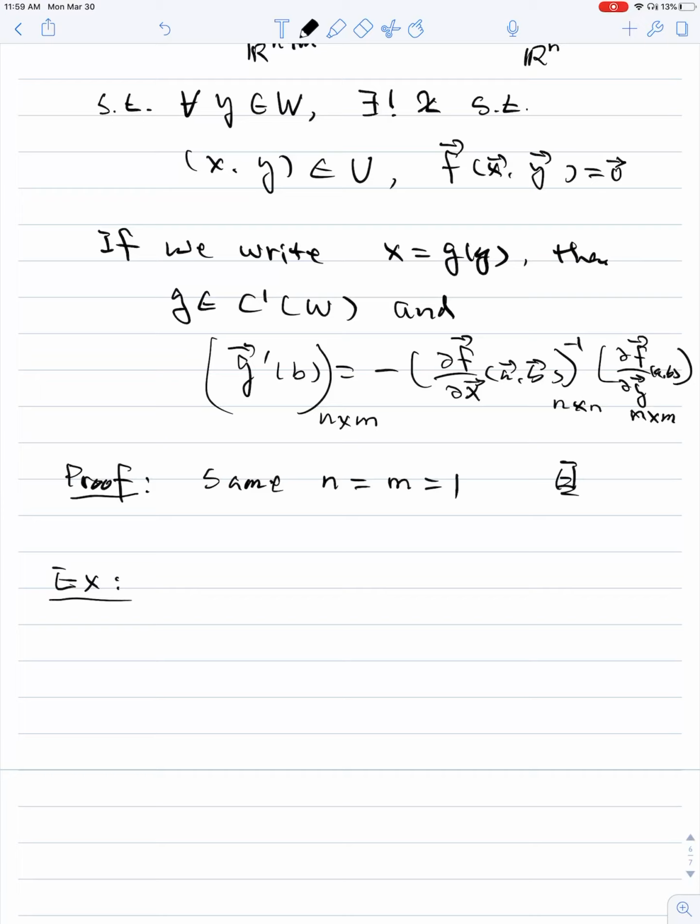Now, suppose we have f with two variables x and three variables y.